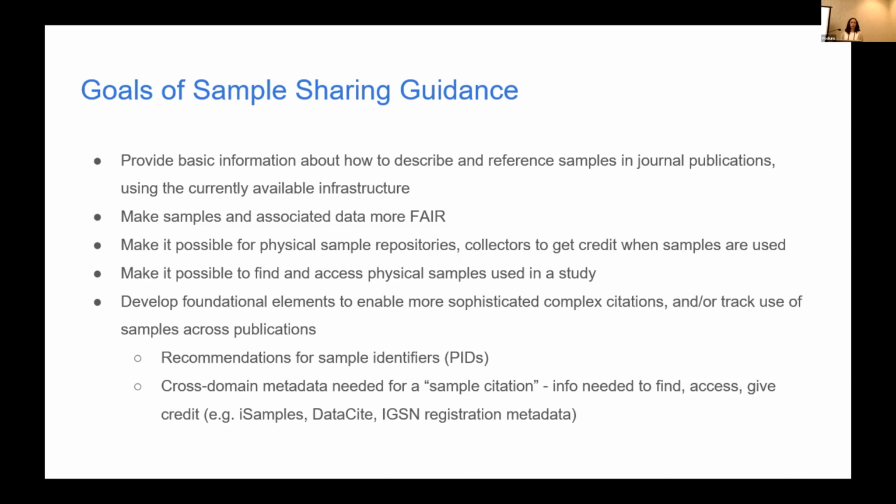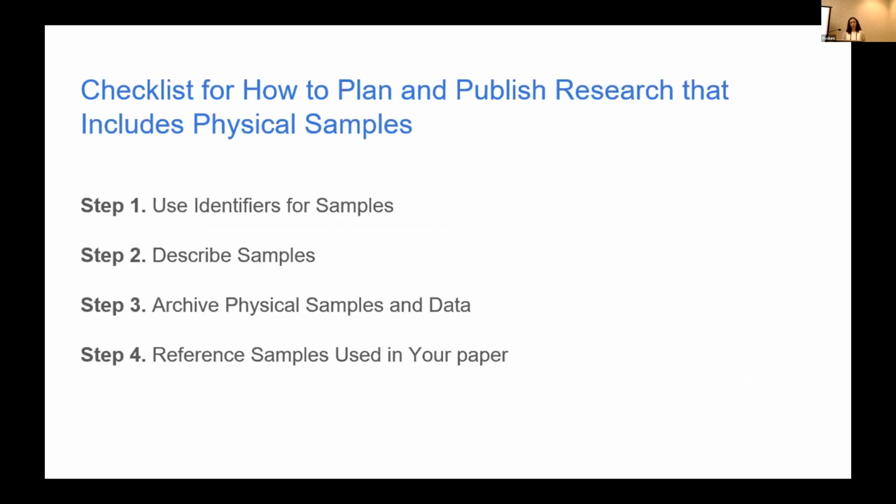So this includes recommendations for sample identifiers and cross-domain metadata that would be needed for a sample citation. All of the information that you might need to find, access, and give credit for samples. And so we've distilled our recommendations into a checklist for how to plan and publish research that includes physical samples.